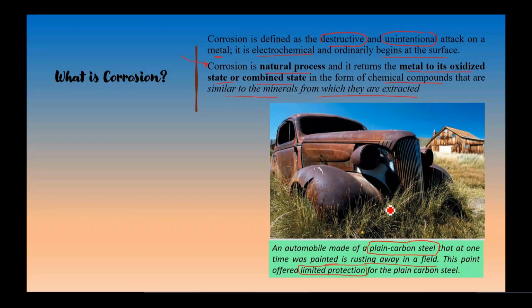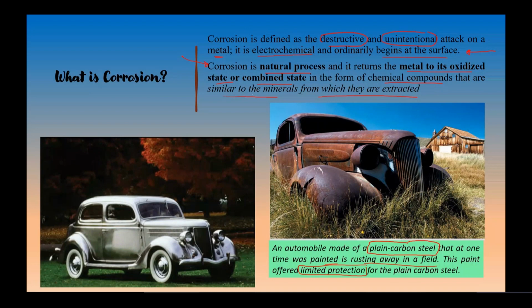And why did you paint the body? Because the process begins at the surface. So you had to protect the surface in order to retain the automobile in the form of plain carbon steel. But you could still have examples. For example, a Ford sedan that was unpainted, but it was made up of stainless steel.